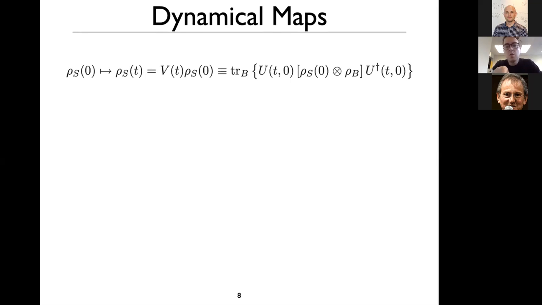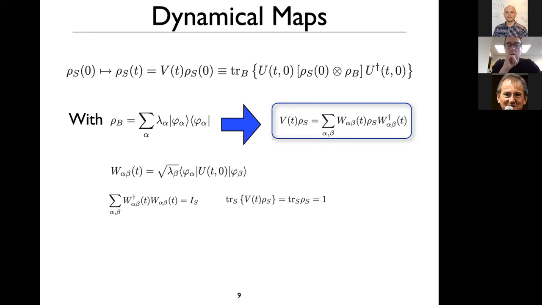What we're doing is evolving the state of our total system S plus B in a standard unitary way, and then taking the partial trace over the environment B to get rho S. In order to evaluate this partial trace explicitly, we can write the initial state of our environment rho B according to its spectral decomposition, which I talked about in the last lecture.